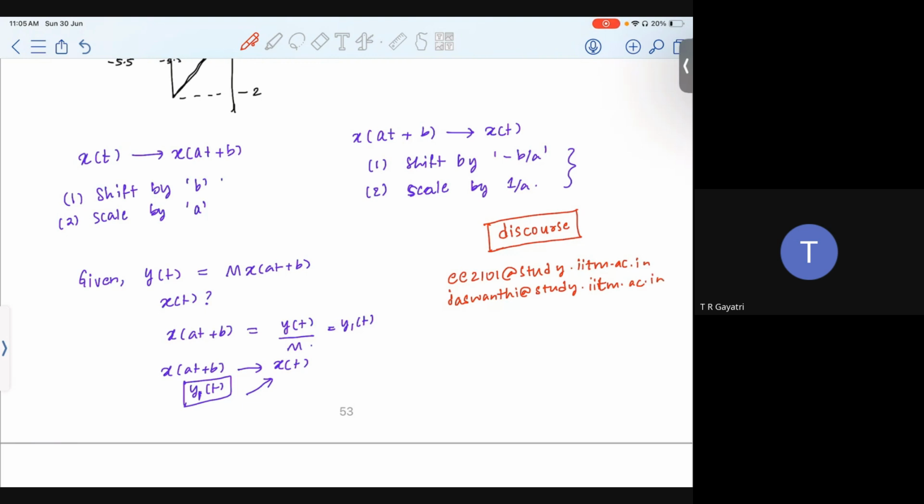One thing is, I will tell the team to create an ID for you in the discourse forum. If the team does not do that on time, please make sure that your doubts are cleared before the quiz by emailing this email ID. The advantage of the discourse forum is that if somebody posts a doubt, everybody can see it. So that's very useful. I'll tell the team to create one ID, okay?